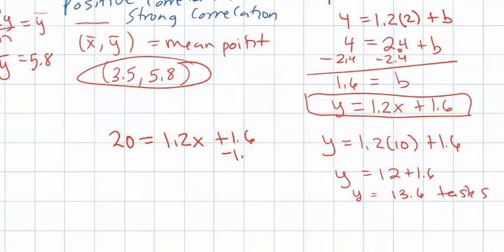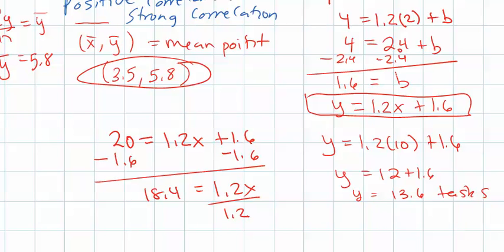I'm going to move 1.6 to the other side, so 20 minus 1.6 is equal to 18.4, and that's equal to 1.2x. Then divide by 1.2 on both sides, and so x is equal to 18.4 divided by 1.2. That gives me about 15.33, so about 15.3 hours.